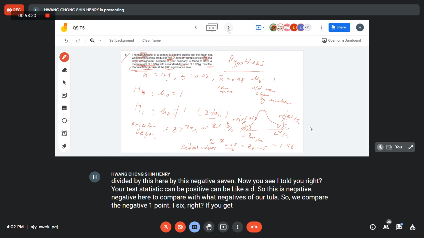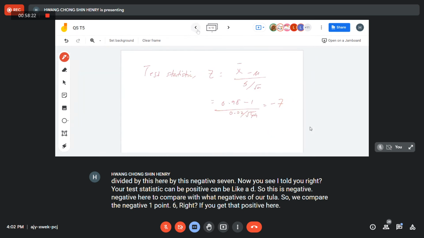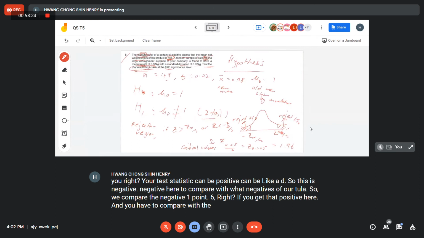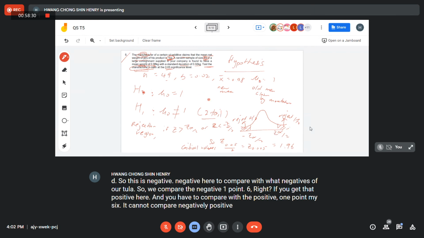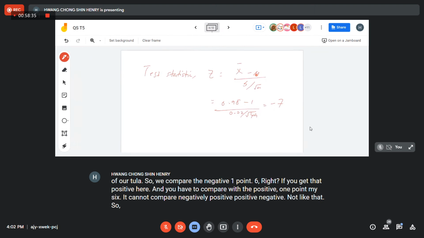If you get Z positive here, then you have to compare with the positive 1.96. You cannot compare negative with positive, positive with negative. Cannot be like that. So since I wrote down here, what's our Z alpha over 2? Negative 1.96, right? From here.